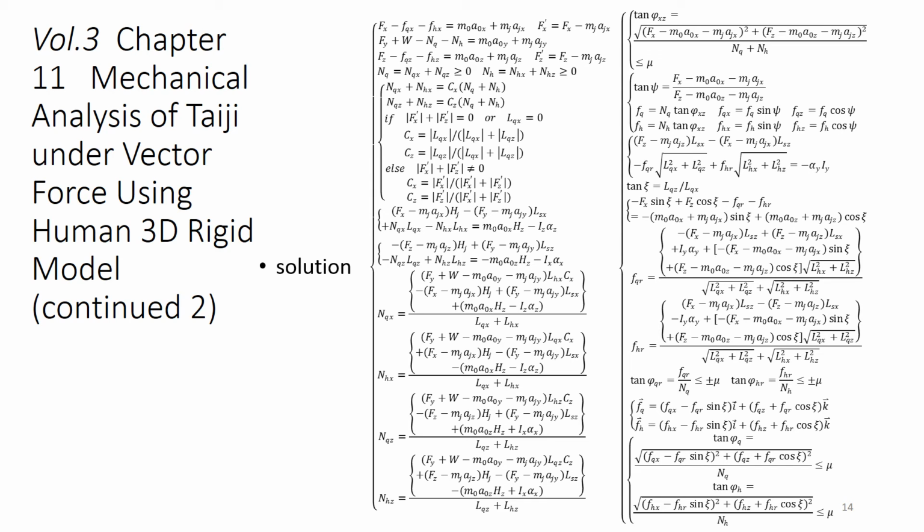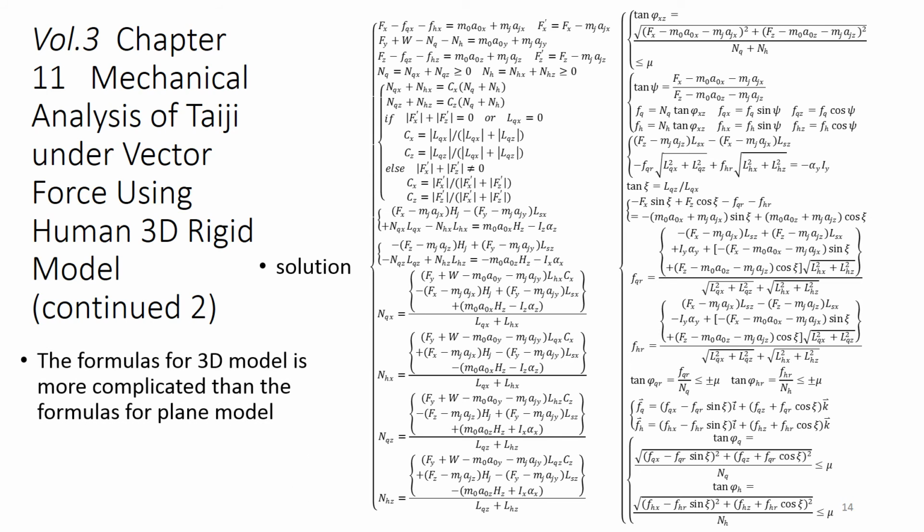Friction forces for both feet. Tangents of angular line of force for both feet. The formulas for the 3D model are more complicated than the formulas for the plane model. The special case of the 3D model is the plane model.